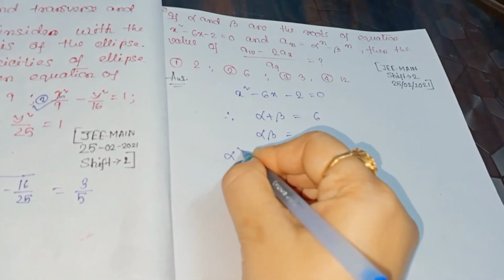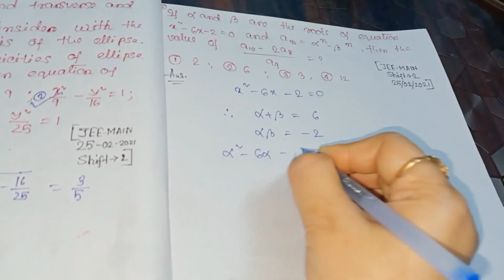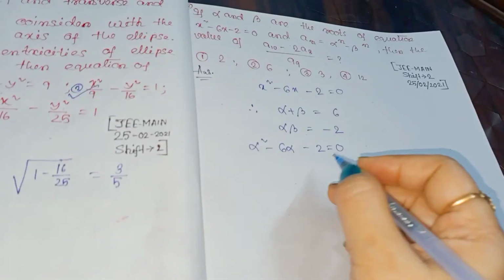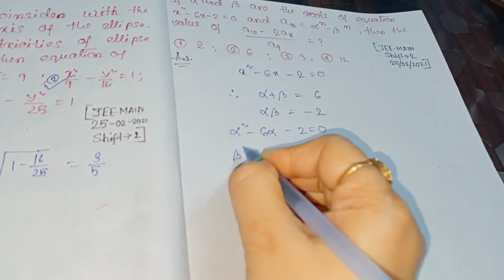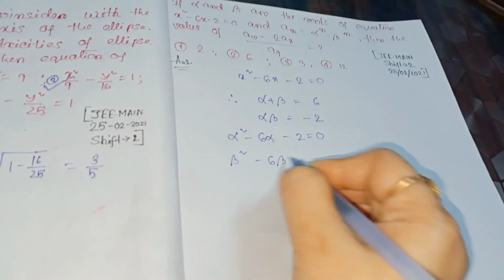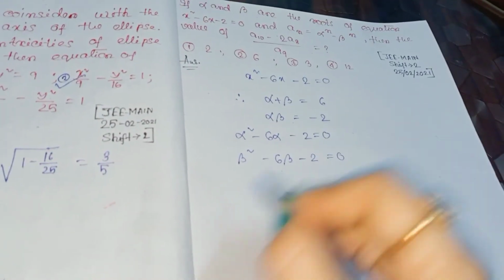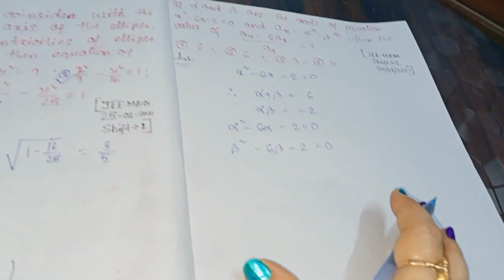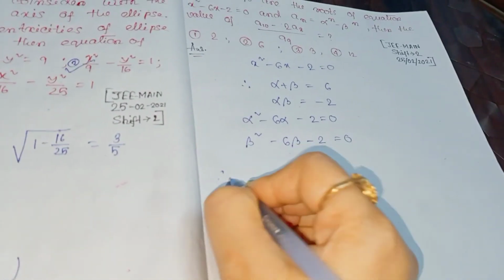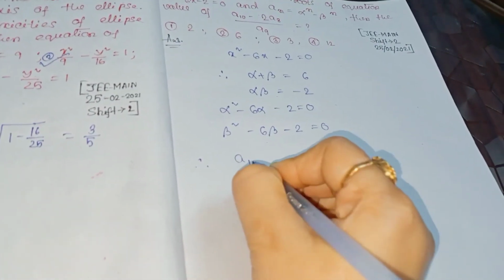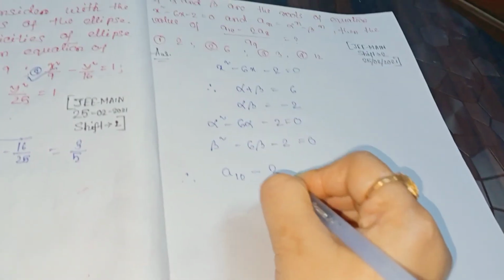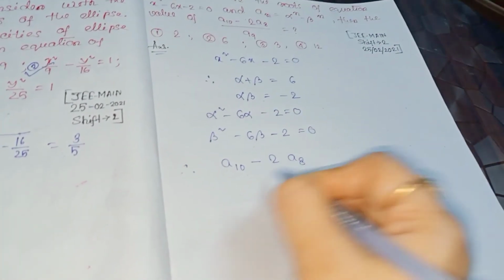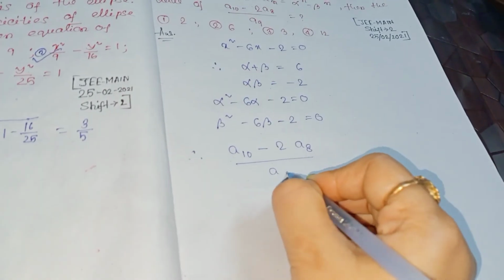Now alpha square minus 6 alpha minus 2 is equal to 0 and beta square minus 6 beta minus 2 is equal to 0. These are the given conditions. Therefore, we should calculate a10 minus 2a8 divided by a9.